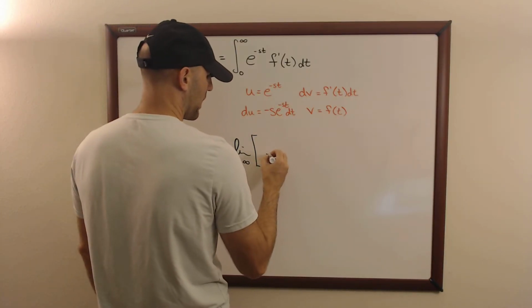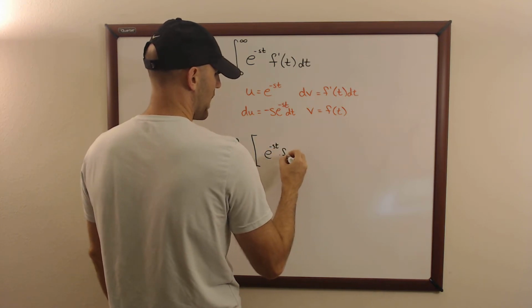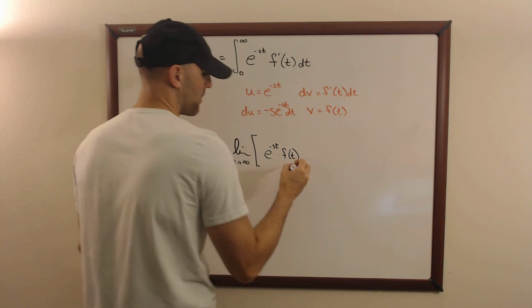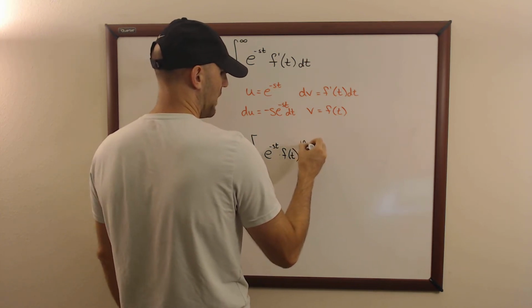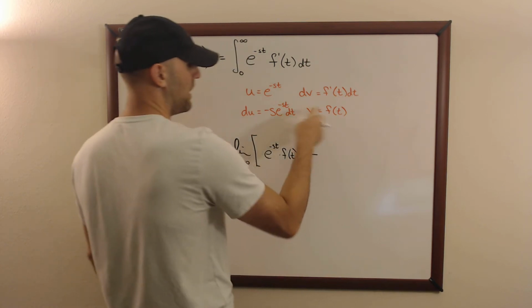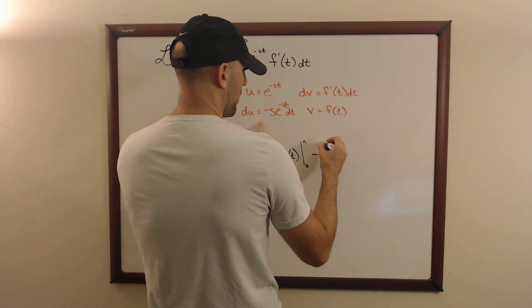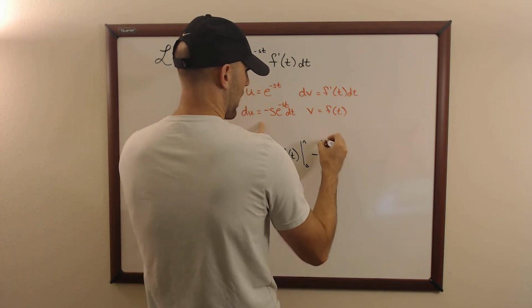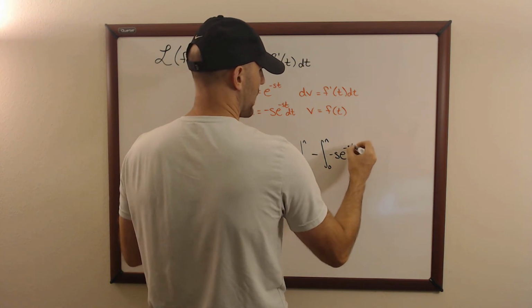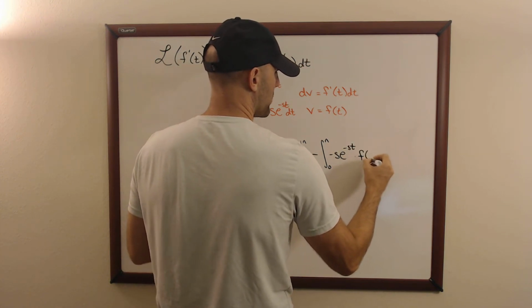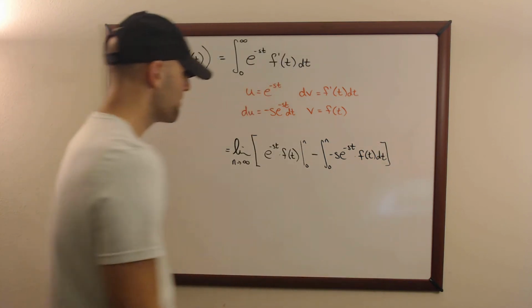So that's e to the negative st times f of t evaluated from 0 to n, minus the integral from 0 to n of negative s e to the negative st times f of t dt. All right, let's see what we have here.